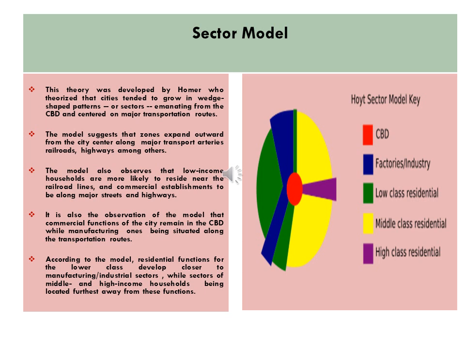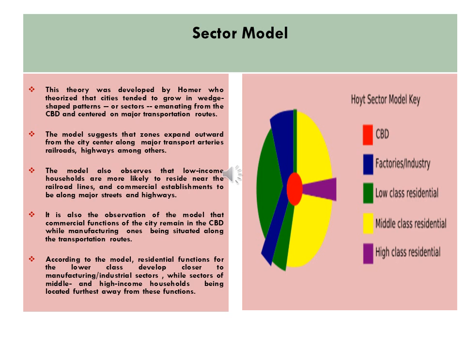And this one emanates from a CBD, but along the major transportation routes. So this model, while agreeing with the concentric ring model that a city starts growing from a central business district, disagrees as to the pattern that the growth of a given city takes.